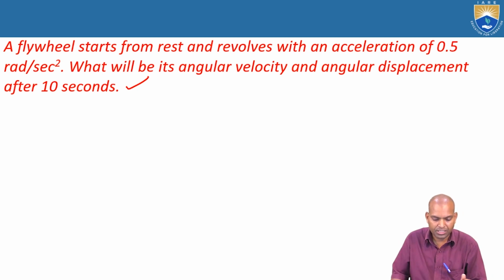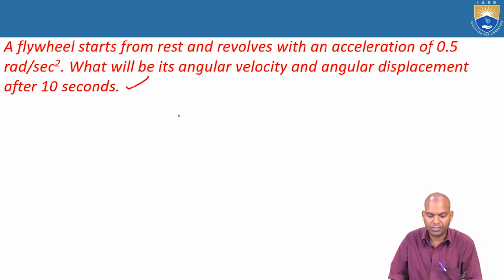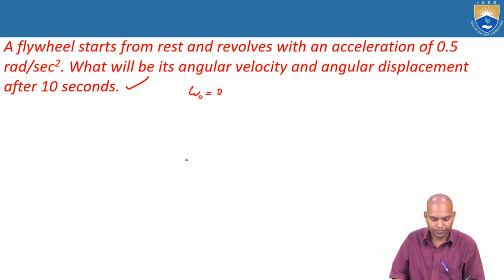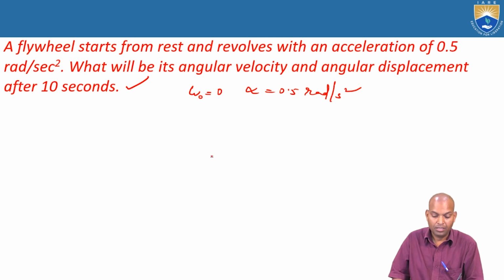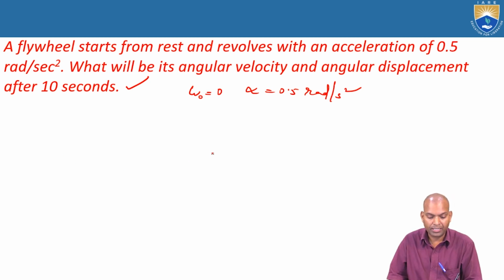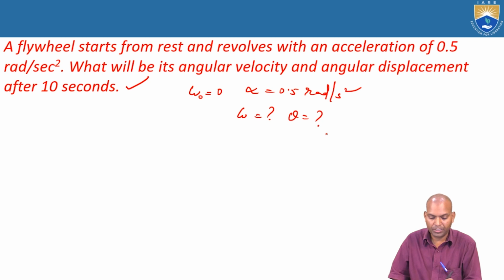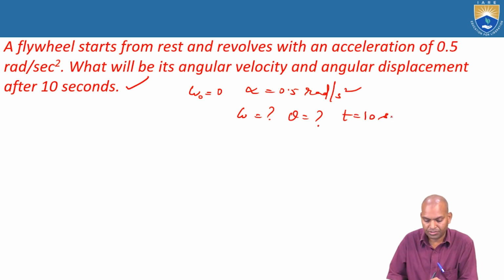The flywheel starts from rest, which means the initial angular velocity omega 0 equals 0, and the acceleration alpha equals 0.5 radians per square second. We need its angular velocity and its angular displacement theta after time t equal to 10 seconds.